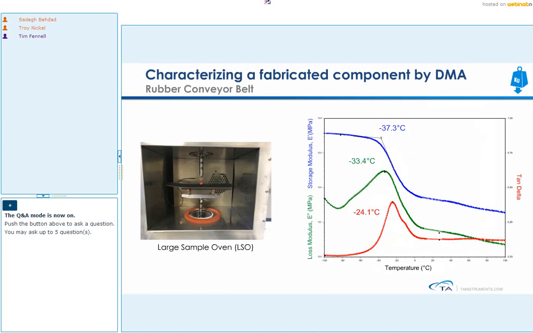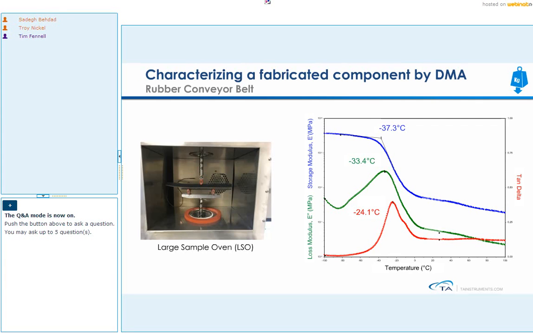So in the left, you can see a picture of the sample on a three-point bend clamp inside the oven, and you can see that the span is really large. So it's a 100 millimeter span. We did this test at 10 hertz and 1% oscillation strength. And you can see that the glass transition temperature can be marked by three different methods.